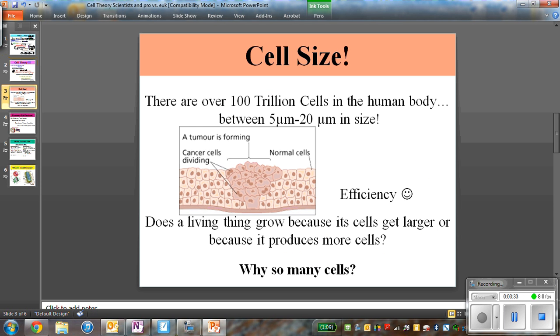Moving on to cell size. Now, you may be thinking, well, sure, I'm made of trillions of cells, but why are they so small? We're actually going to talk about this a little more in class, but it has to do with efficiency. Think of it this way: let's say you were standing at the end of a hallway, and you had to carry 100 sandbags.